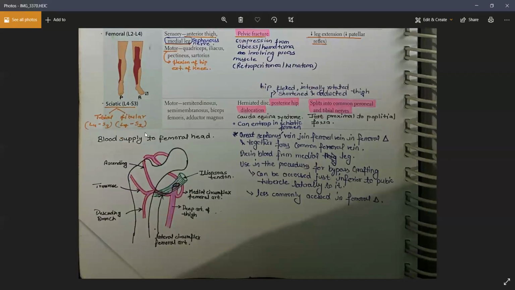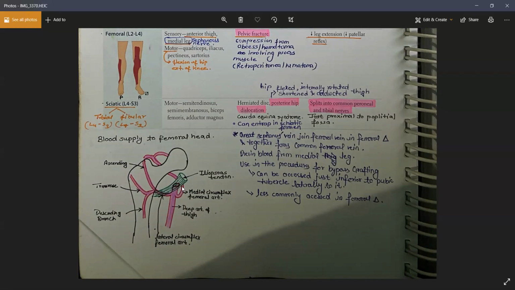Then if you look at the blood supply of the femoral head, you first have the deep artery of the thigh, and from it you have two arteries: the lateral circumflex femoral artery and the medial circumflex femoral artery. This is the lateral circumflex, and this is the medial circumflex.